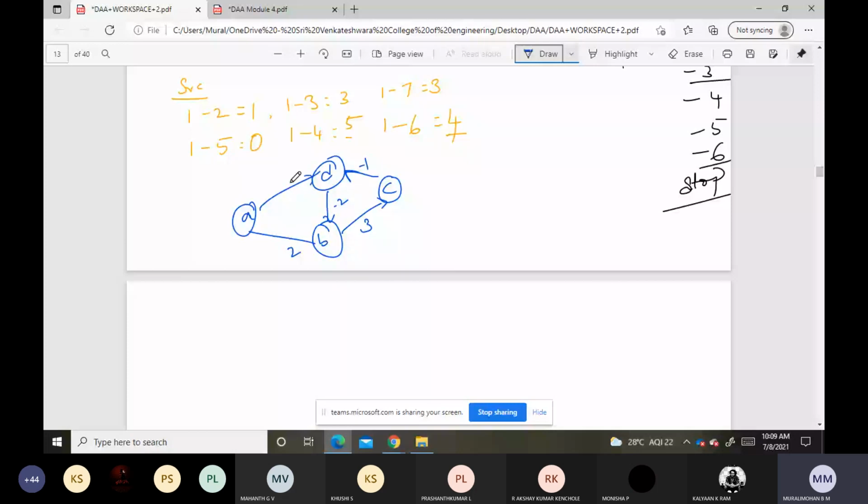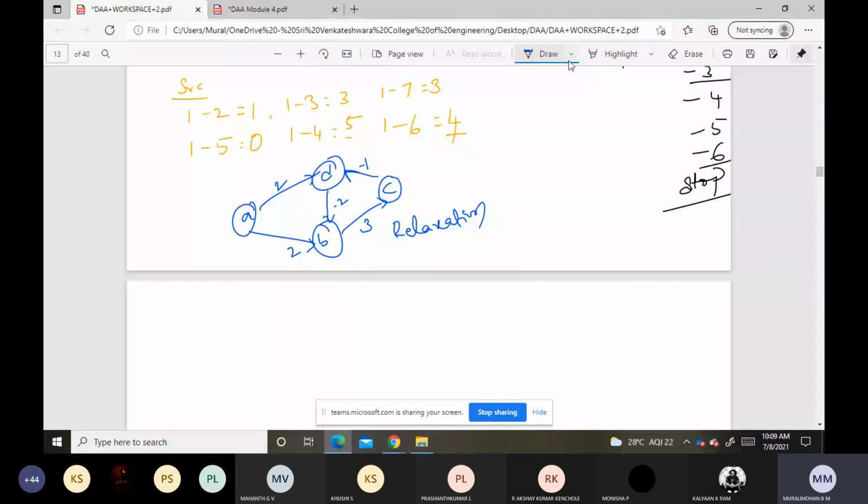You just observe this graph. In this graph, kindly apply the relaxation operation. Actually, it has to end in 3 cycles. But you just observe here.